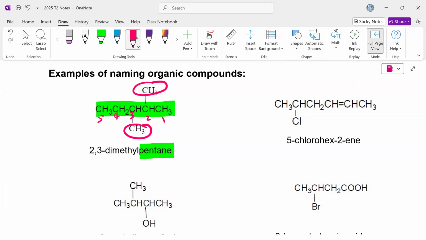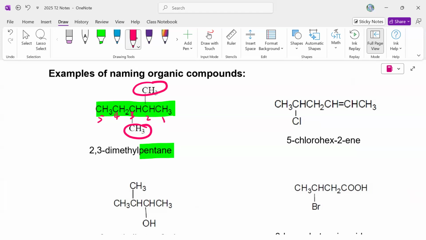But in the cases where there is a functional group, the smallest number should be given to the functional group and not the substituent. So whatever the substituent ended up with after you gave the smallest number to the functional group, that will be it.